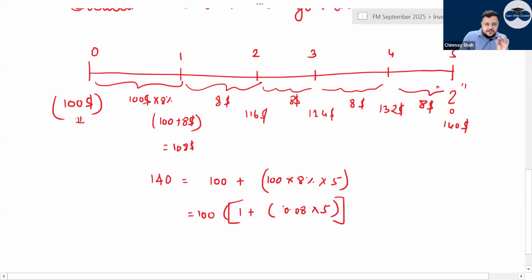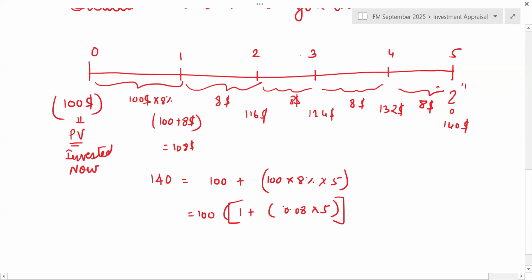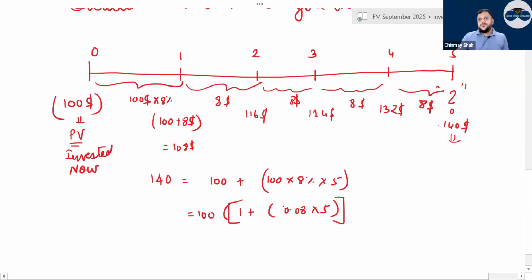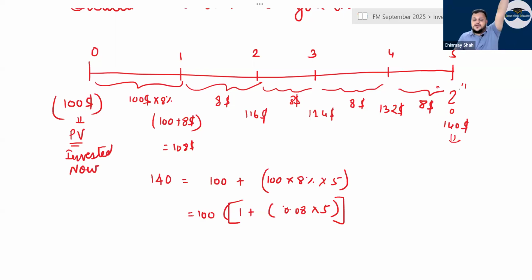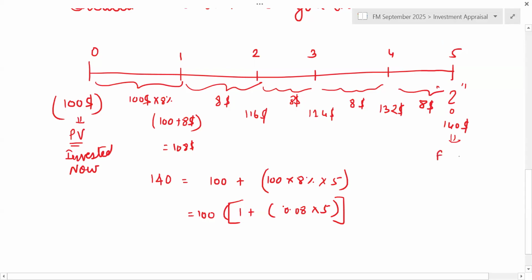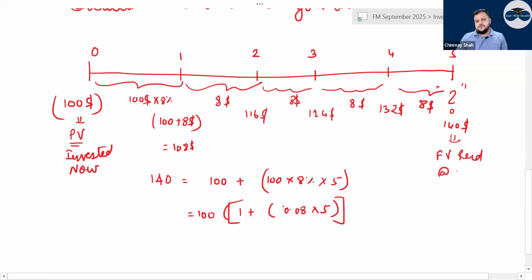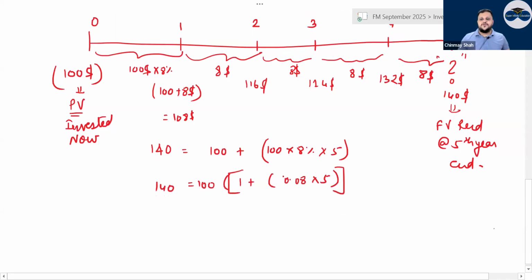What is the present value that you invested now? 100. And what is the value at the 5th year end? Is it present value or future value that you will receive after 5 years? 140, future value, received at 5th year end. So write the formula. In place of 140, what should I write?